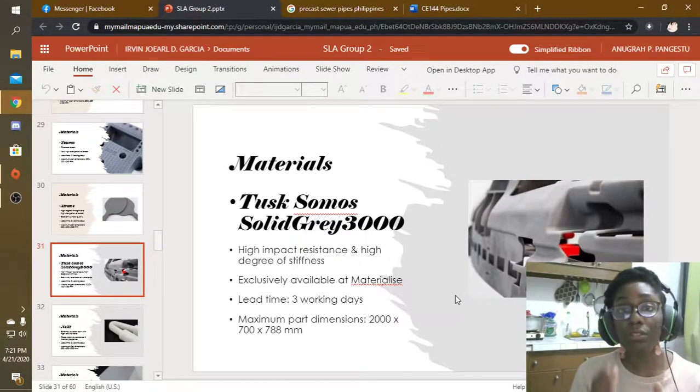This material is a very good material to use on SLA to produce that kind of prototype.